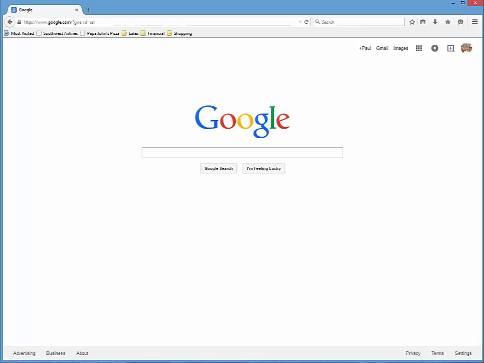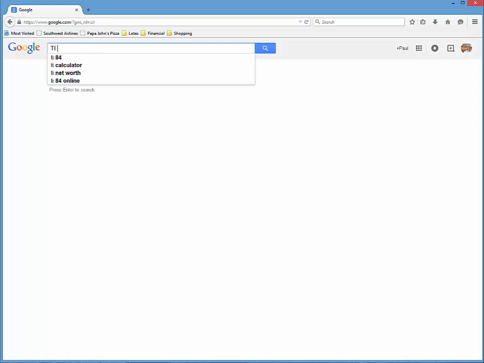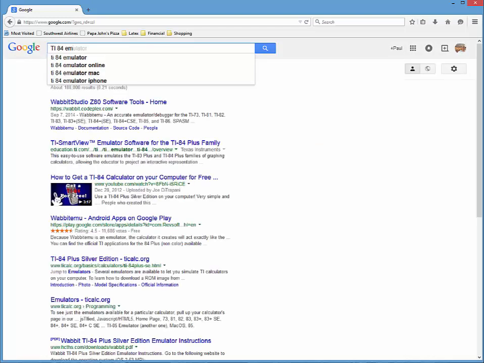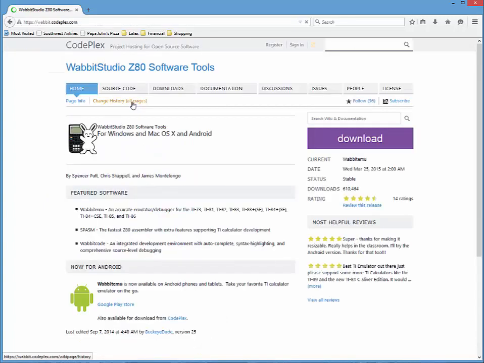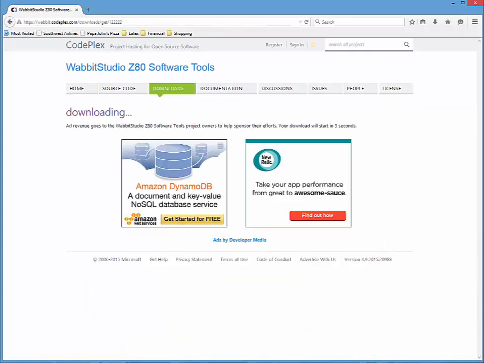So here I am at Google, and I'm just going to type in TI-84 emulator. It's one of the first suggestions that comes up, and what you'll get here is this Wabbit Studio Z80 software tools. So let's click on that, and then this nice big purple button here that says download.